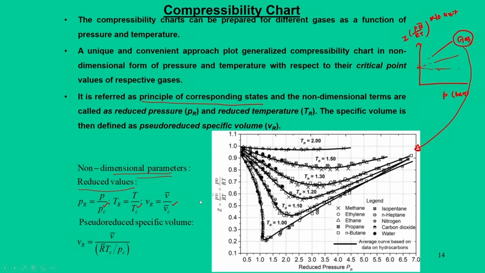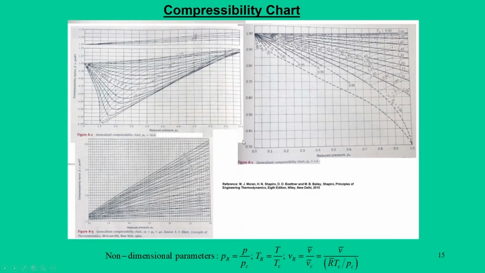So a different name was assigned, called the pseudo reduced specific volume. By doing this, a realistic model, what we call a compressibility chart, is available in many books, and I have taken this extract from Moran and Shapiro, which shows the compressibility chart in which the reduced pressure and Z are plotted at different TR, and of course in different PR regimes.